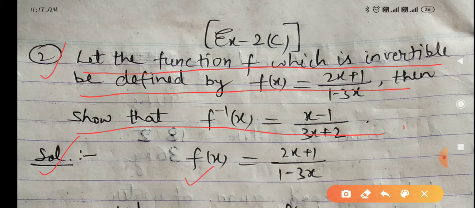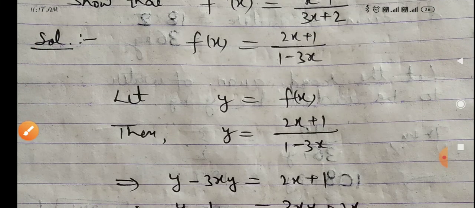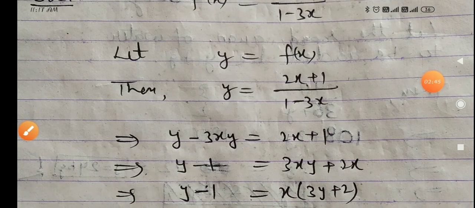Given function is f(x) = (2x + 1)/(1 - 3x). You can take this given function as y. So let y = f(x). Put the value of f(x): y = (2x + 1)/(1 - 3x). Now do cross multiplication.